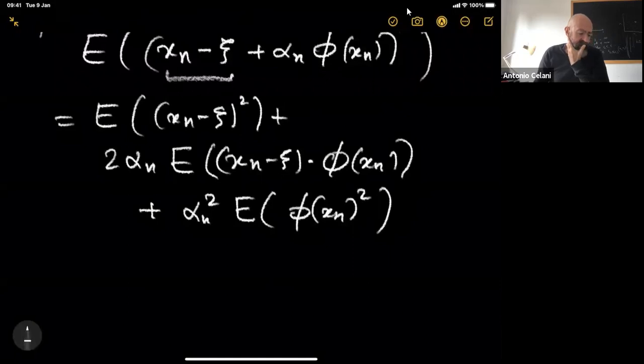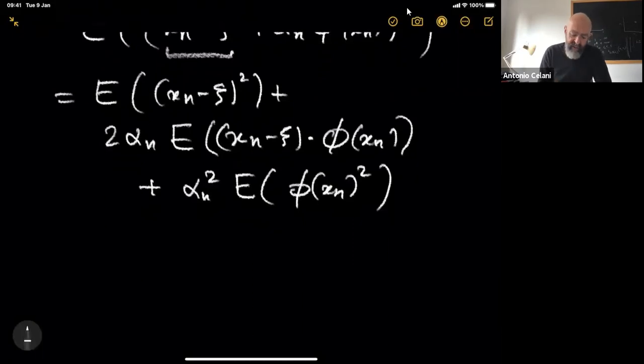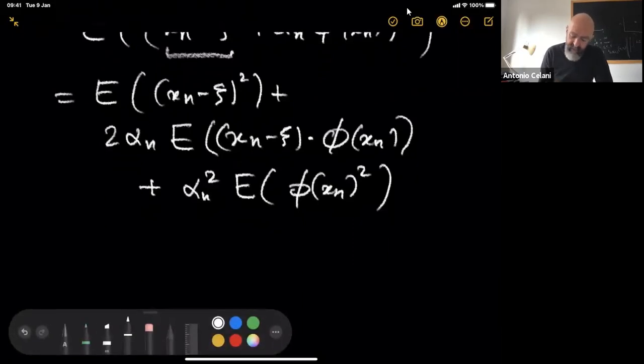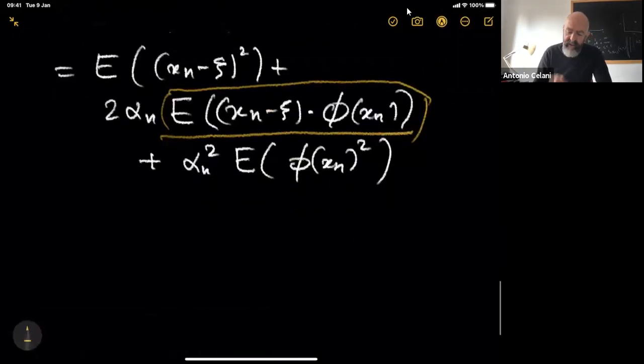Now we're going to do something for real here. Let's focus on the middle term. I'm going to highlight this middle term here, and we're going to work this out a little bit.